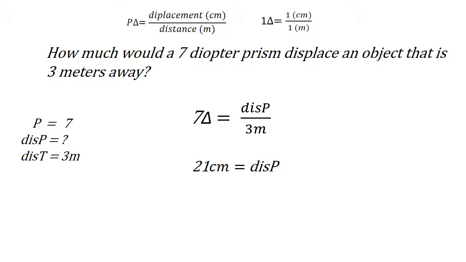Sentence form would be something like: the strength of 1 prism diopter will displace an object 1 meter away by 1 centimeter. Or however you want to phrase the sentence, memorize it that way, understand what it means, and then be able to write it in formula format.